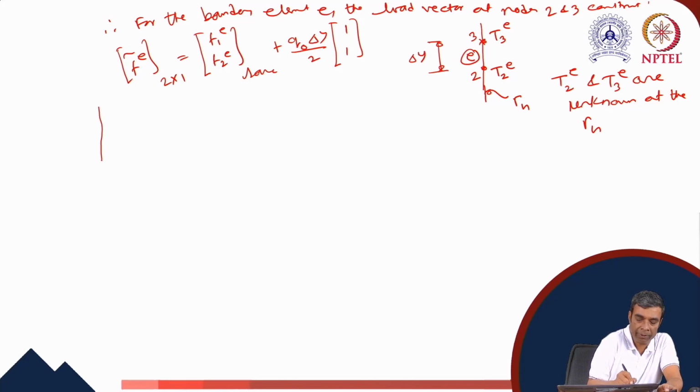Now let us go for the physical interpretation of this expression. If we consider heat flux Q0R specified and we have a bar element with size delta y, the nodes of the bar element are 2 and 3.